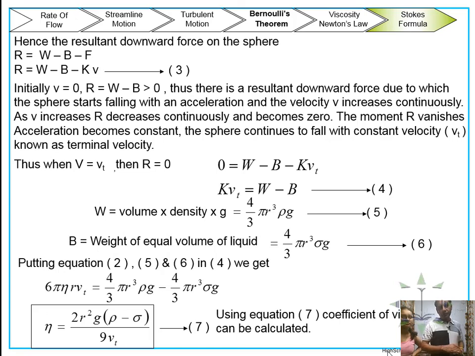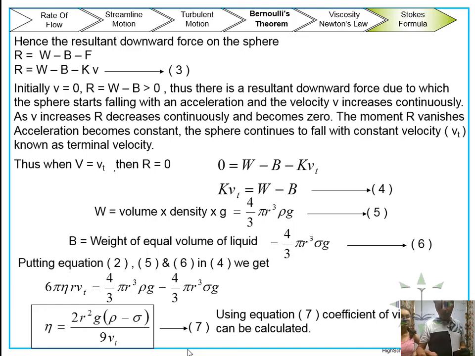R is the resultant, and the resultant is W minus B minus F. The resultant becomes 0 because velocity increases, and when it is 0 the body falls with a constant velocity. This velocity is called terminal velocity. This is a very important term, so you should remember this.